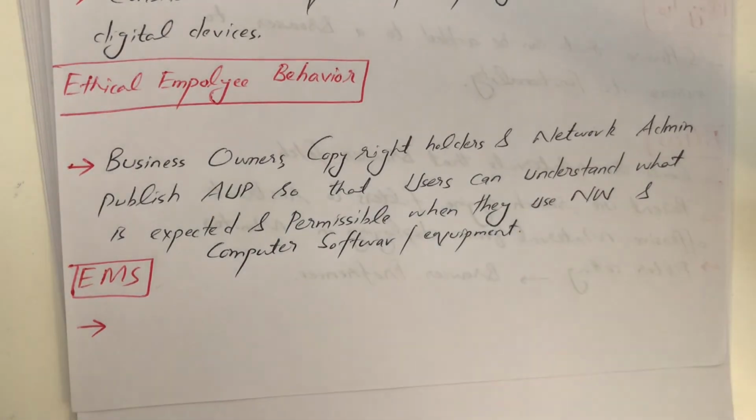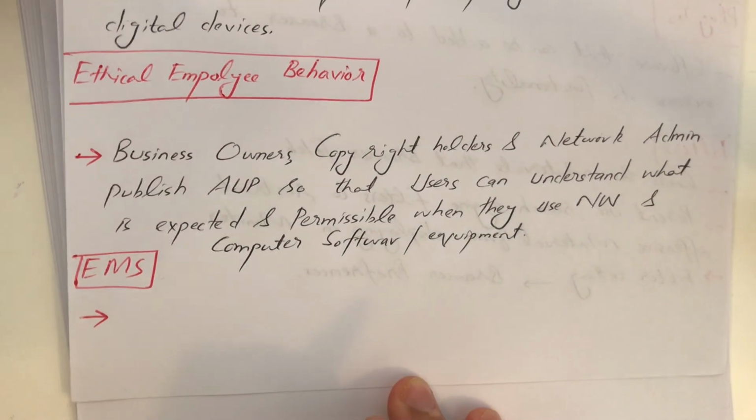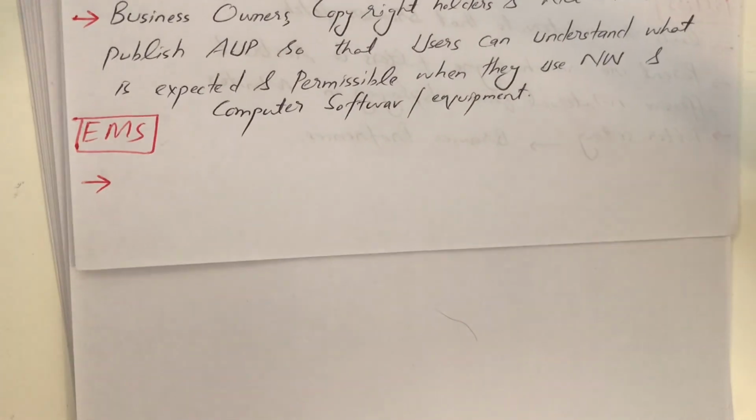Most of the time, whenever you want to install or use a software, you have to accept the terms and conditions. Those terms and conditions are basically the acceptable use policy.